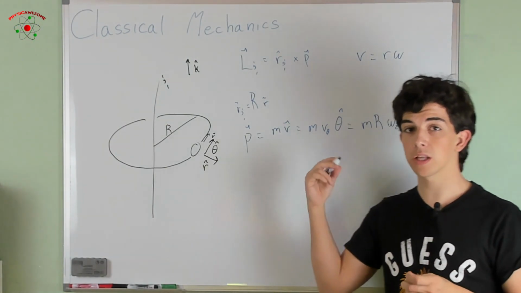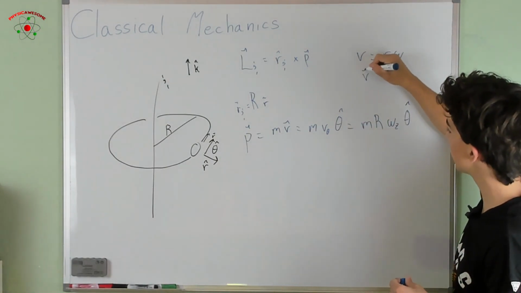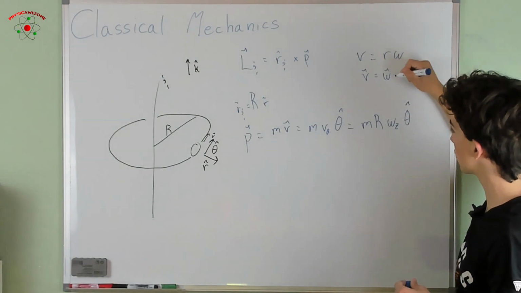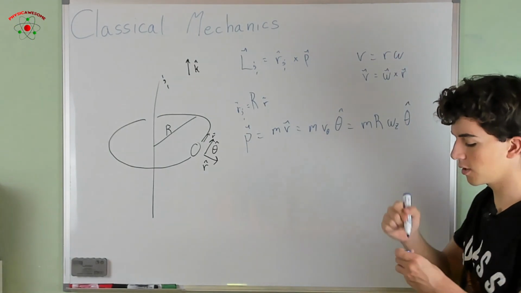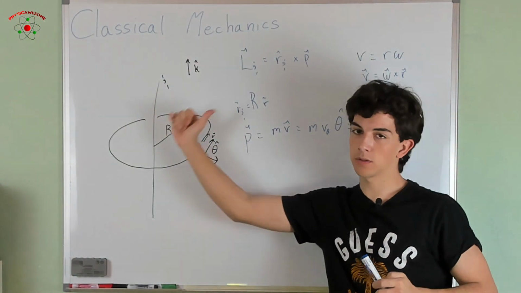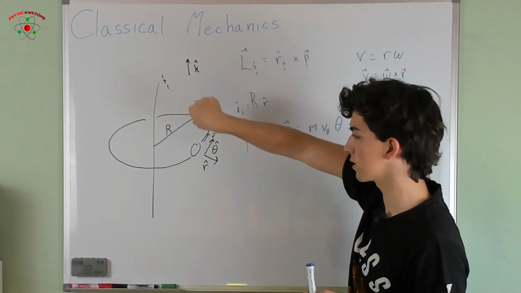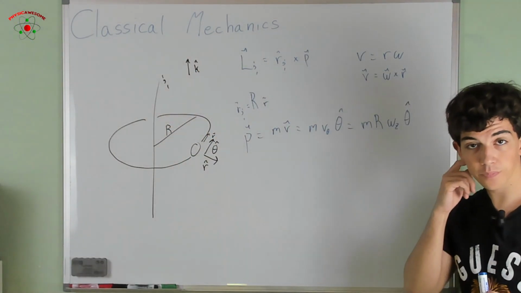The total vectorial expression would be v equals w cross r, which gives us the velocity in the right direction.